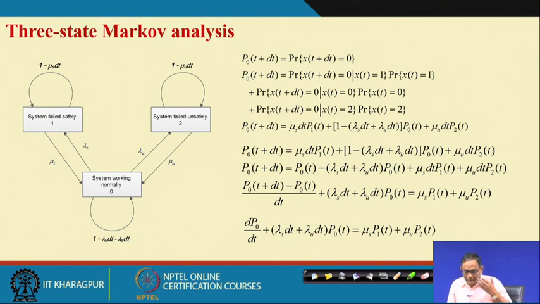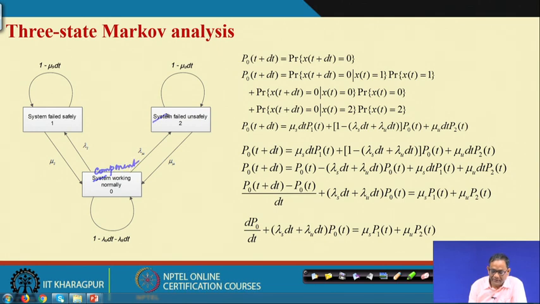Okay. Now, let us see another example where we are basically thinking that the component is not a 2 state component, it is a 3 state component. What do you mean by 3 state component? We are saying, so I am writing here component, here also component, here also component.